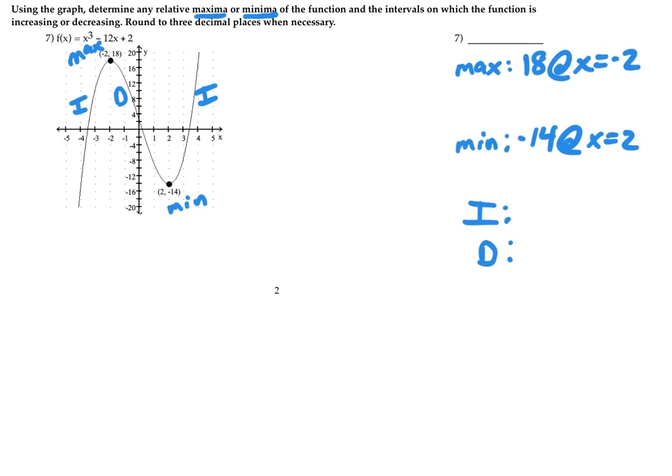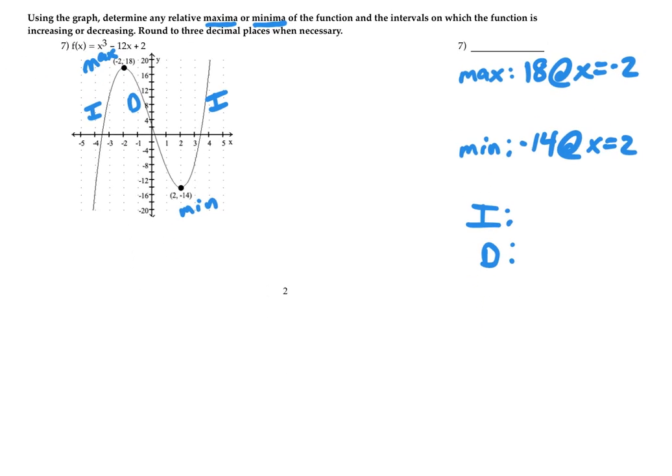Okay, and then just to show you how to write out your increasing and decreasing intervals, remember you're only using x values here. So this one over here, there's no point, which means it's going to continue on. So it's going to go from -infinity all the way over to -2. So it's increasing from -infinity to -2.